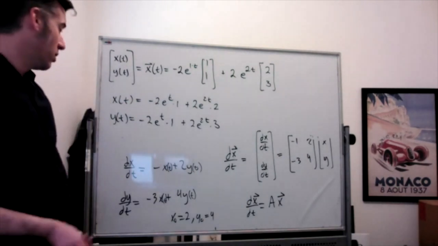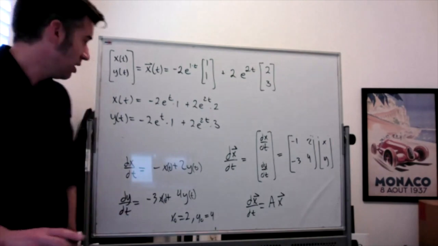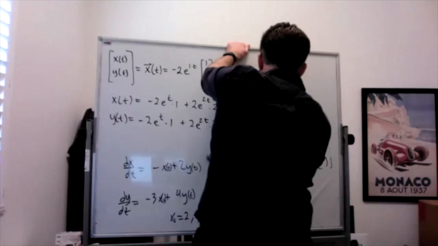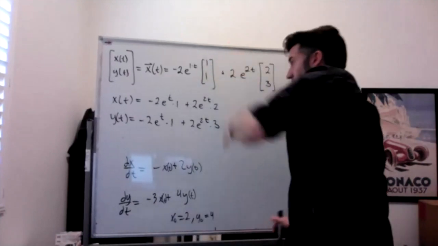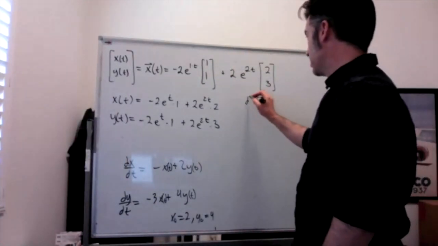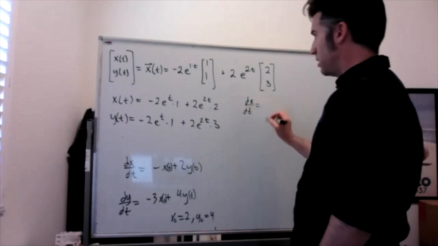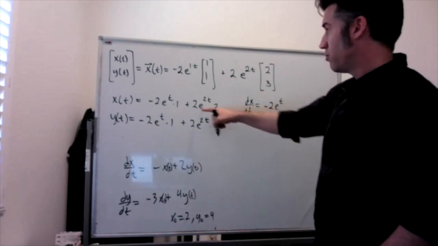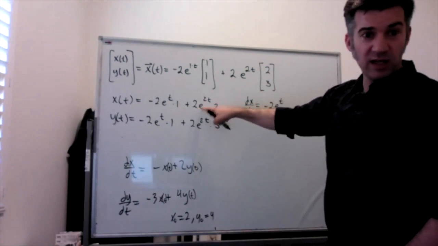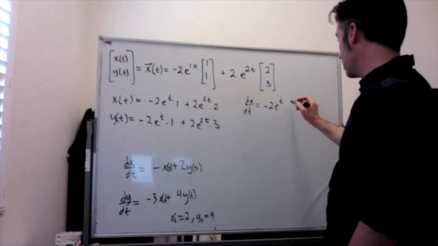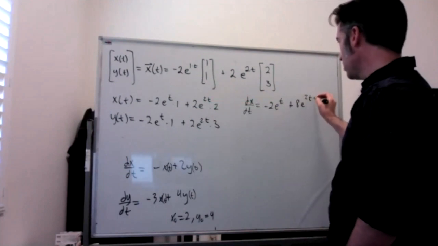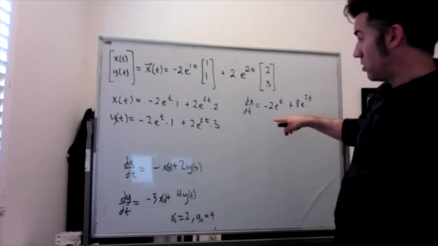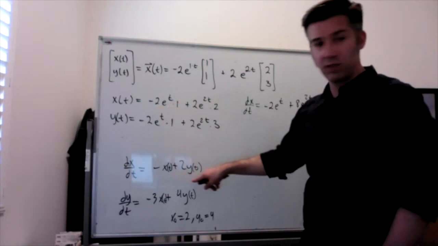You don't have to check this, but we could, so let me show you. Let's see what dx dt is. dx dt is the derivative of this. So it's -2 e to the t plus 2 times 2 is 4, and the derivative of e to the 2t is 2 e to the 2t, so it's going to be 8 e to the 2t. I hope everyone's okay with that. And that should equal -x of t plus 2y of t.